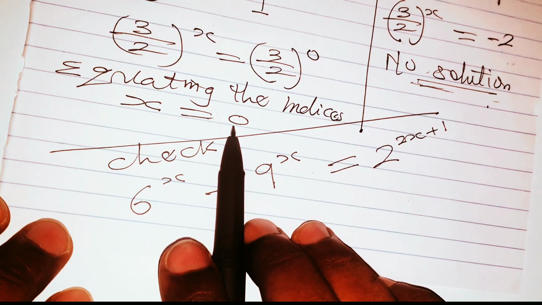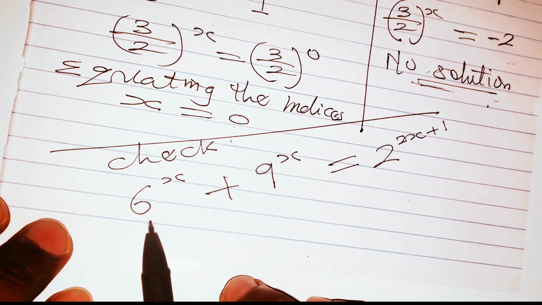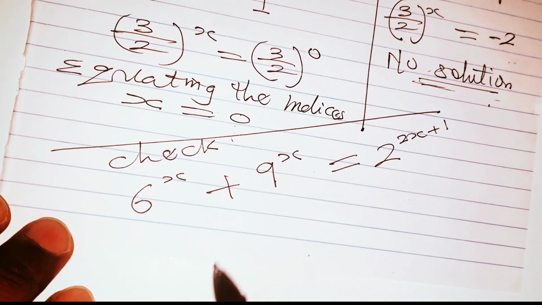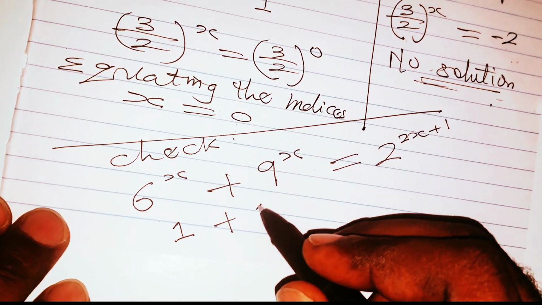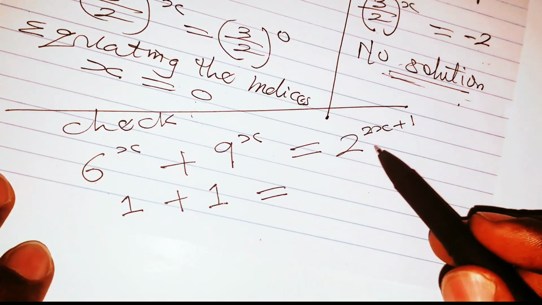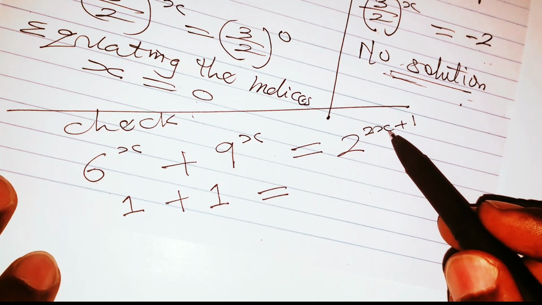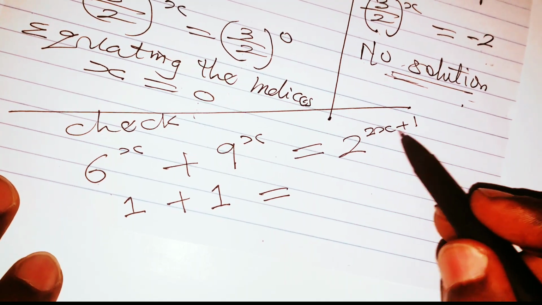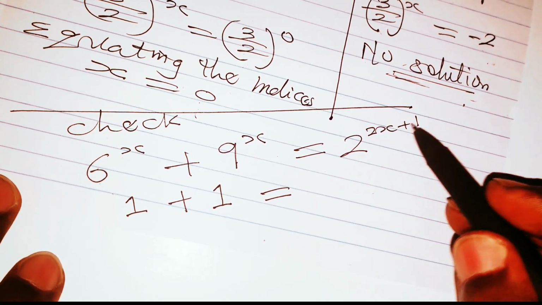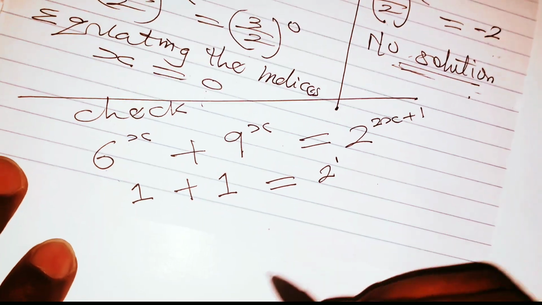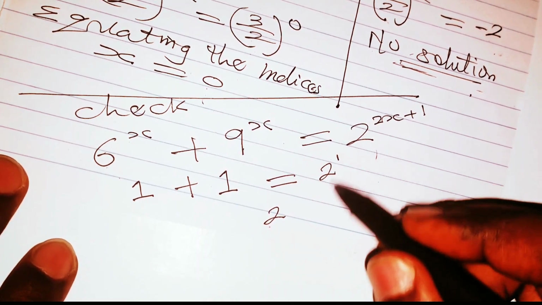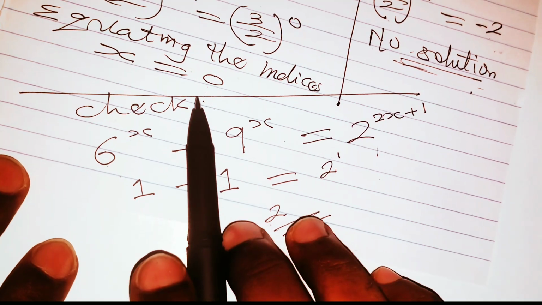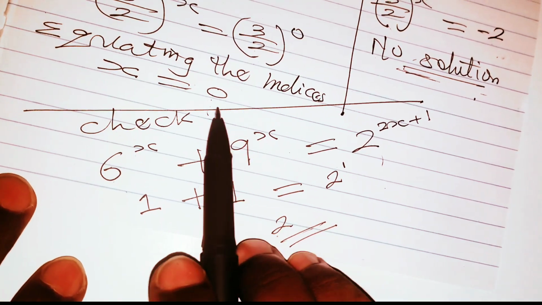Don't forget, anything raised to the power of 0 is 1. So here it means 6 raised to the power of 0, which is going to be 1, plus 9 raised to the power of 0, which is going to be 1, equal to, here it means 2 times 0, which is 0, plus 1, so we have 2 raised to the power 1. So what is 1 plus 1? That's going to be 2. And here we obtain 2. So that shows that x is indeed equal to 0.